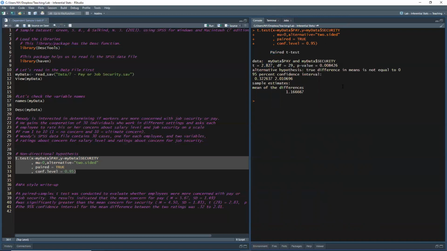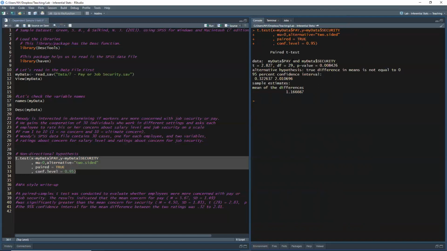So basically this value is less than 0.05, and in this case, what it means is we reject the null hypothesis that there's no difference between people's concerns about pay and security.